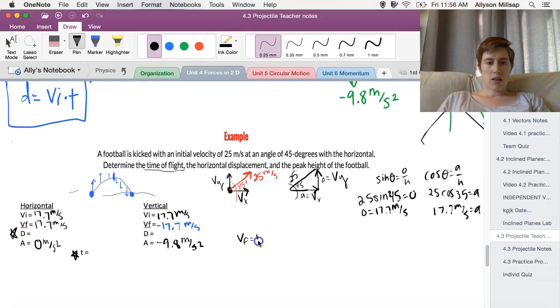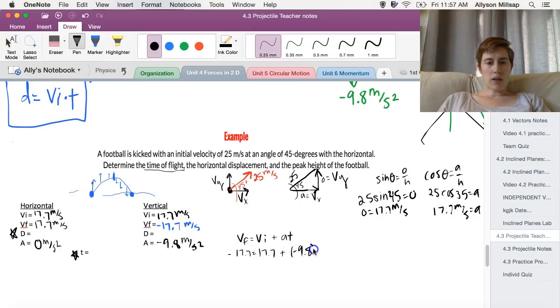VF equals VI plus A times T. We have VF, we have VI, we have A, so we can find T. Let's do that. The final is negative 17.7. Our initial is 17.7.